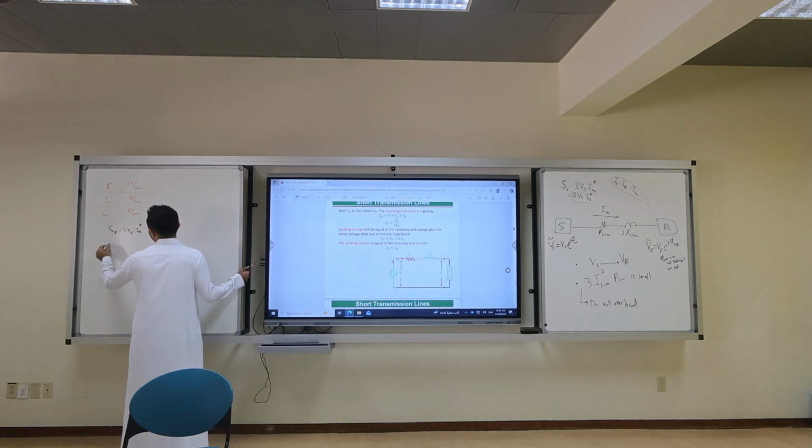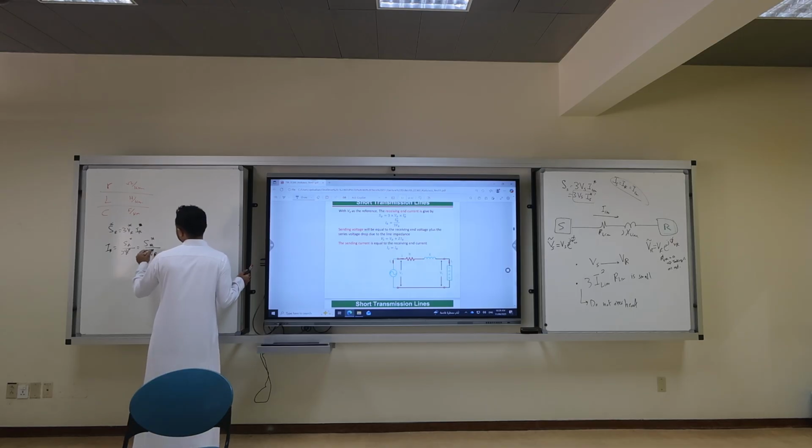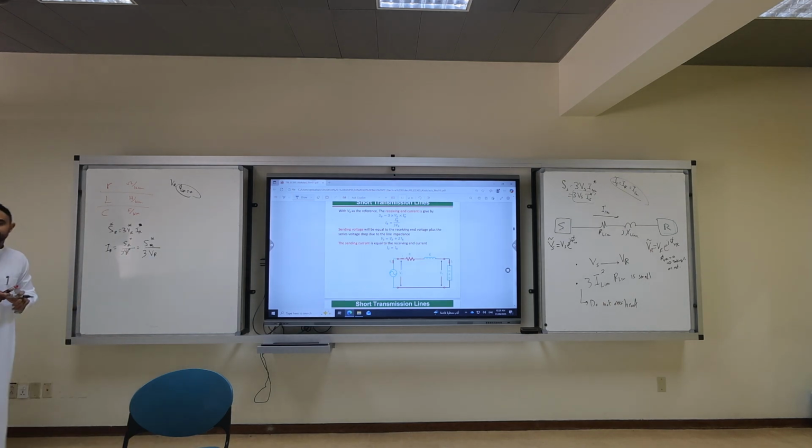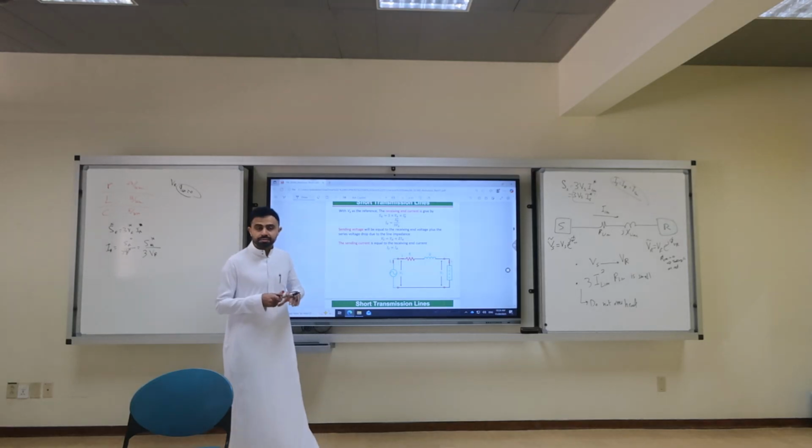If I want to calculate I, I take the conjugate here and the conjugate here, conjugate with the conjugate, it will be blown away. So IR conjugate is SR over 3 VR conjugate. But SR conjugate is a complex number, 3 VR. We remove the conjugate in VR because theta VR is 0. If you take the conjugate of the 0 angle, that doesn't matter. That's why there is no conjugate. Clear?